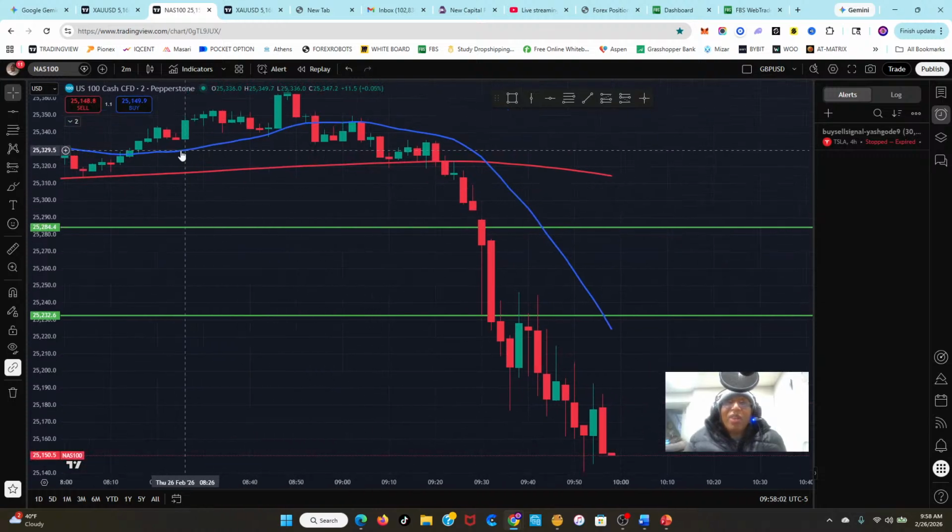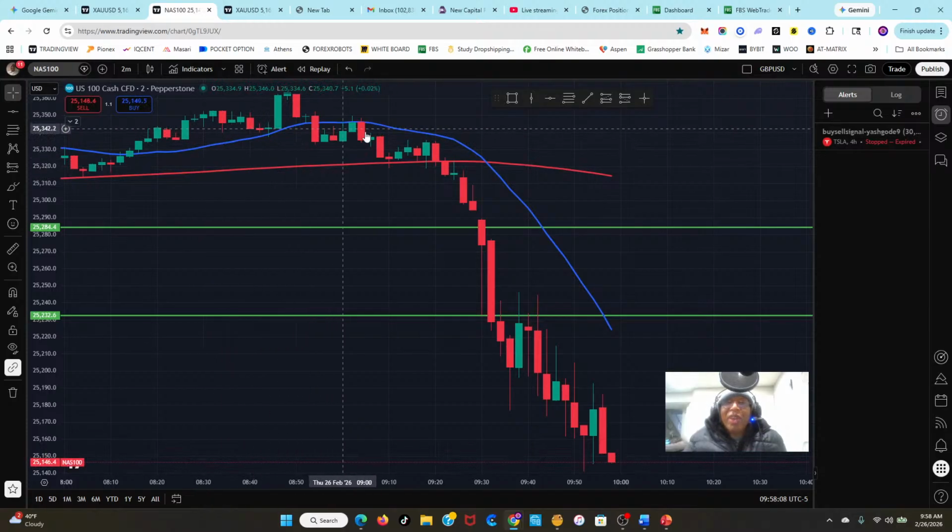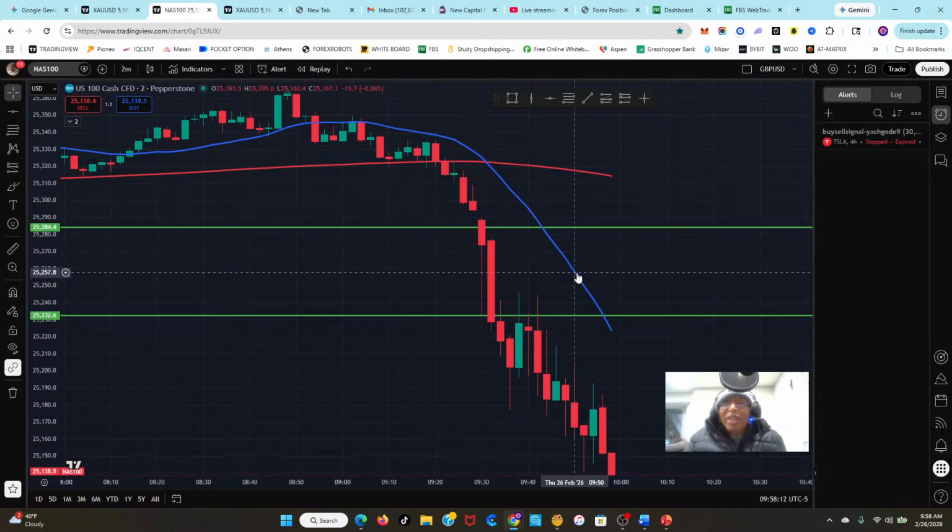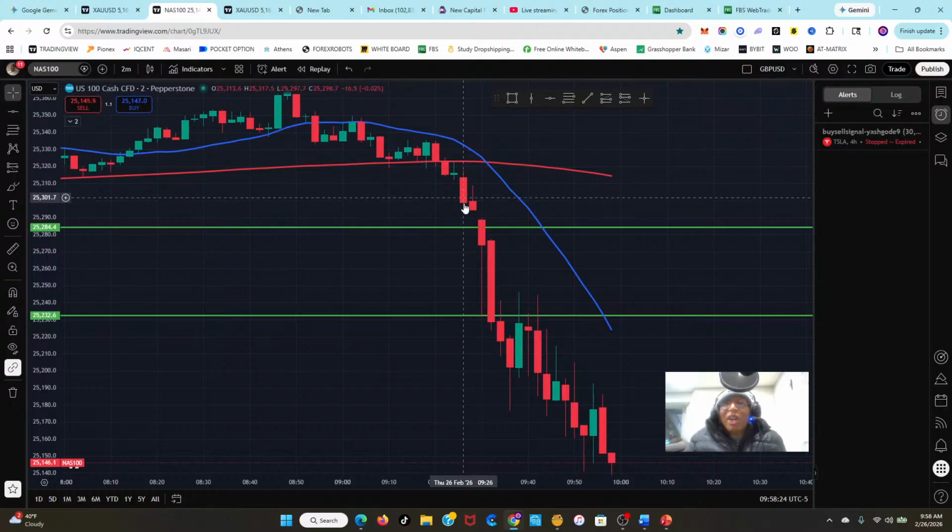You have these two indicators here. We have the simple moving average 20, the blue one, which we call the child. And then we have the 200, the mother of all, which we call the parent, which is red. The best position to enter the trade is when these are tight, close to each other.